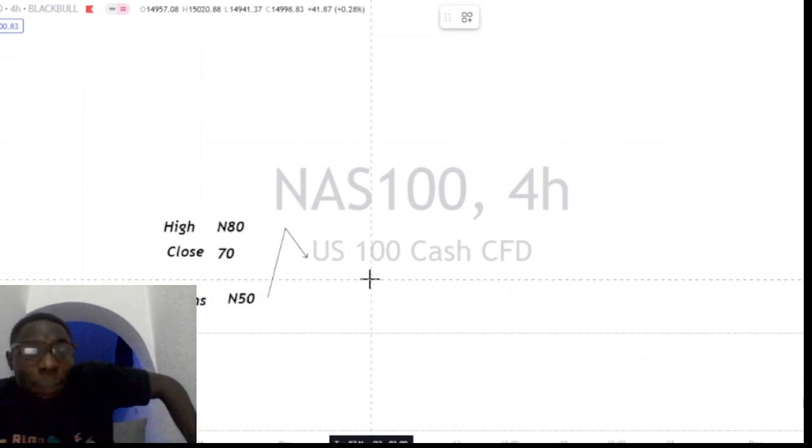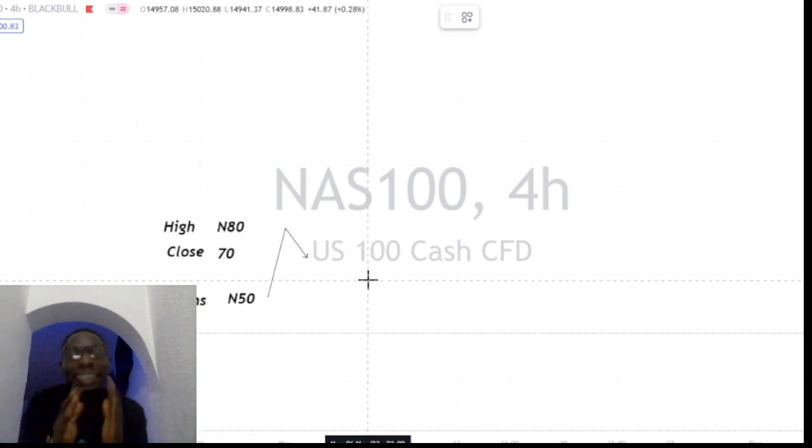It has the body and the wicks. What forms the body? The strength of a particular participant in the forex market. If the buyers are strong, you will have the body there. But the wicks give us the fight, the information about where the buyers and sellers are present.